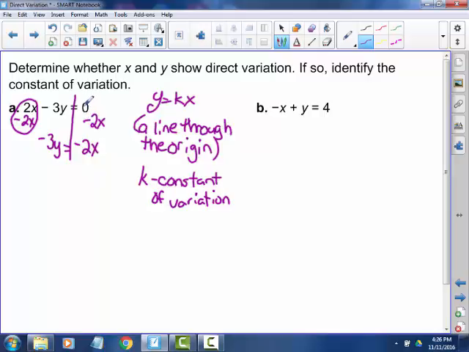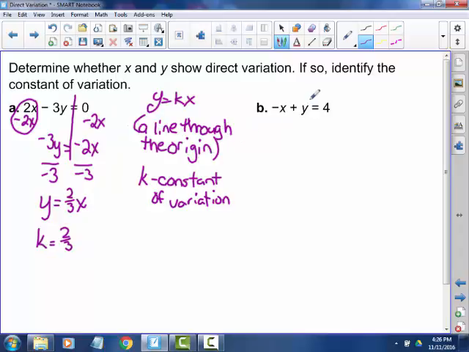Because we subtract 2x from 0, and we still just have negative 2x. All right, so we divide by negative 3, and we have y equals 2/3 x. This matches our form, y equals kx, and so we can say that k equals 2/3, which is our constant of variation.